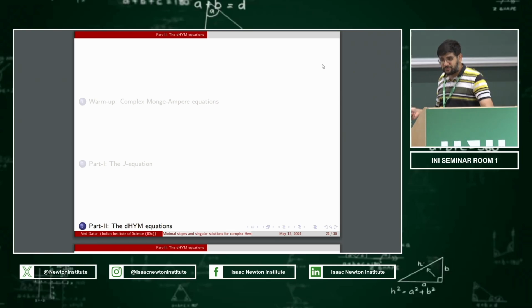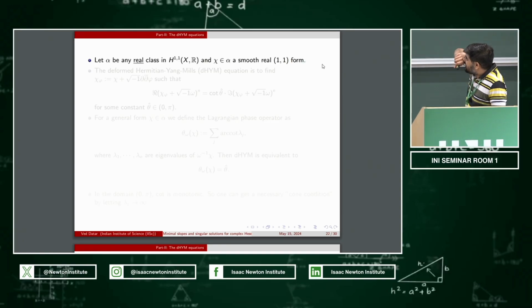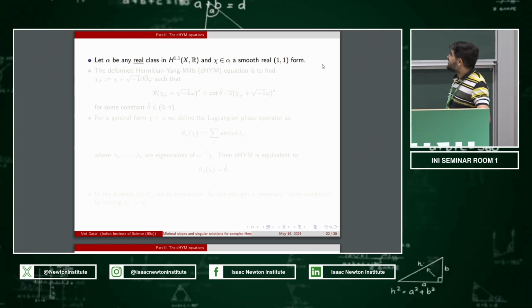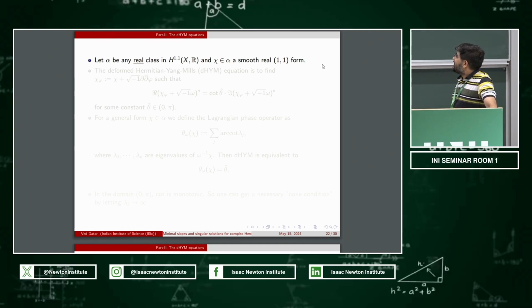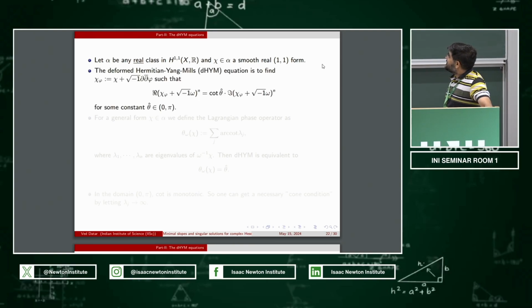So maybe I'll now move on to the deformed Hermitian-Yang-Mills equations. In this case, alpha is allowed to be any real class, not necessarily Kähler, and chi is a smooth background (1,1)-form. Then the deformed Hermitian-Yang-Mills equation is to find a chi phi which satisfies this horrible looking equation.